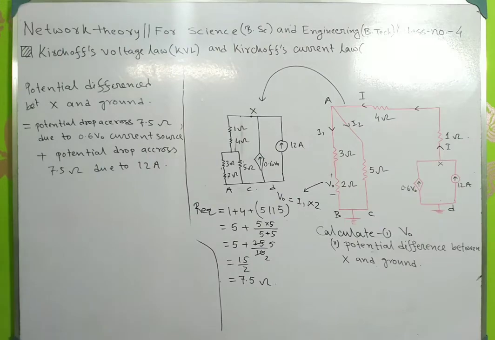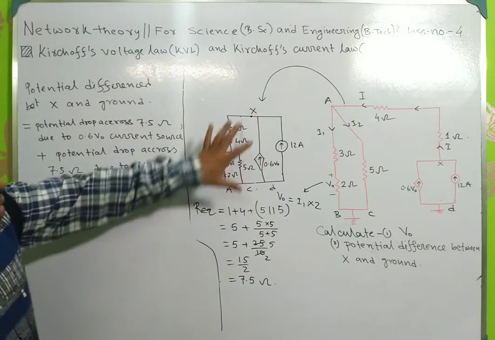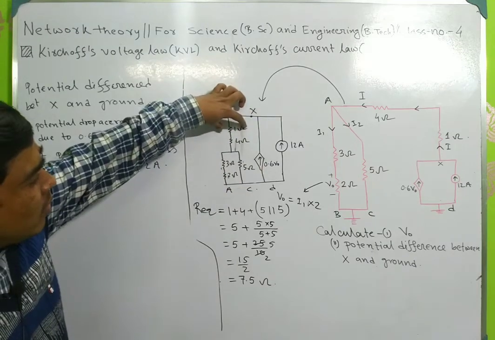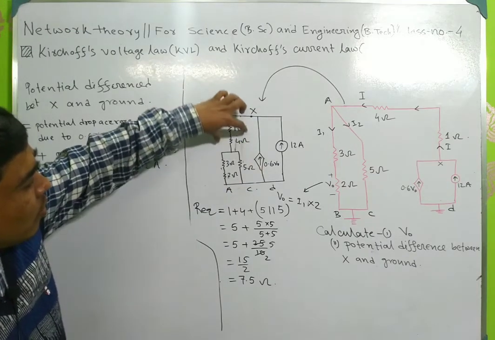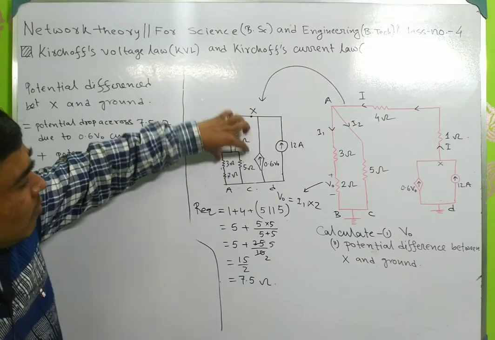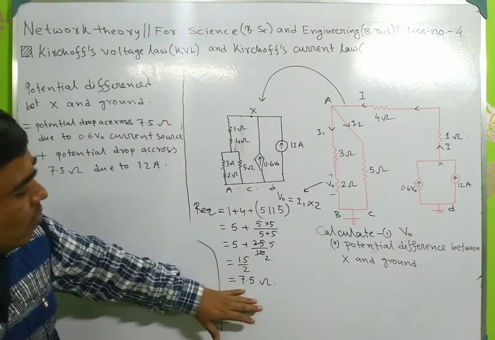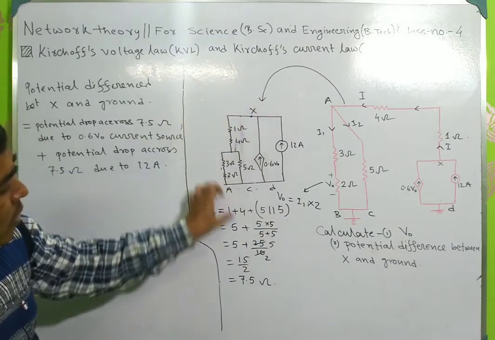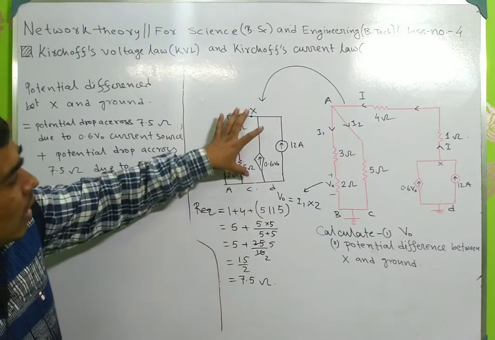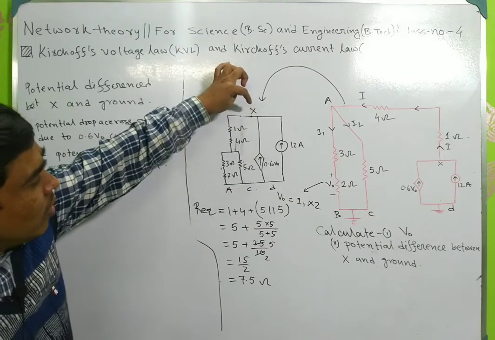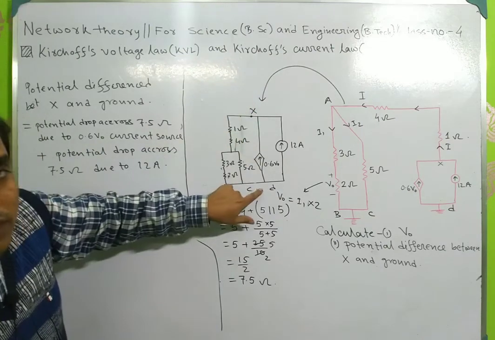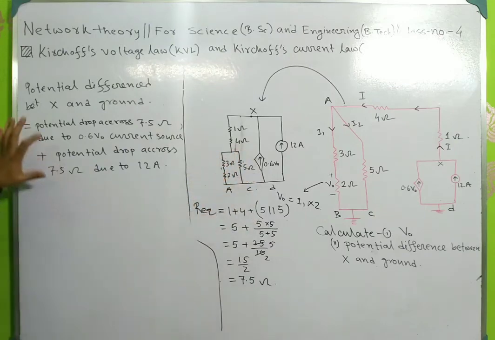This is the total voltage difference between these two nodes X and ground. Because this branch contains several resistances with an equivalent resistance of 7.5, all these currents flow through this resistance. That's why the potential difference between the node X and ground will be this.